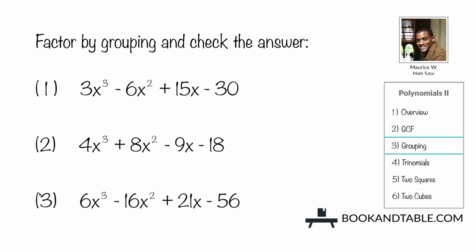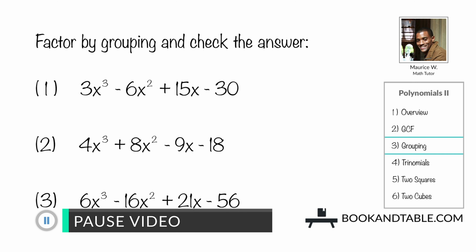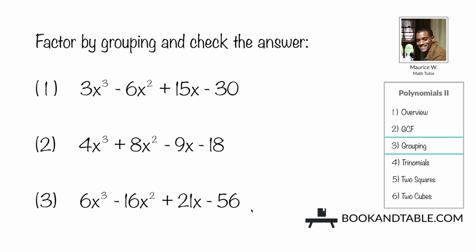In question number 3, factor by grouping 6x cubed minus 16x squared plus 21x minus 56, and then check the answer. Pause the video, answer these questions, and then press play when you are ready to begin.